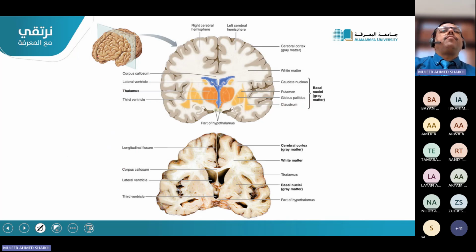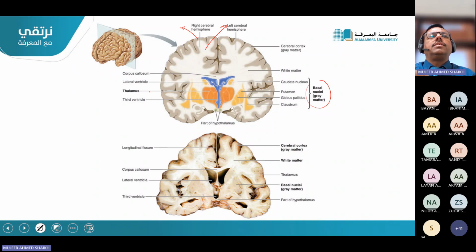Here, if you cut the brain into a coronal section, you will see this is gray matter and this is white matter. Gray consists of cell bodies, white matter consists of axons. You will see the basal nuclei present here in the center, and these are the cavities, the lateral ventricles.